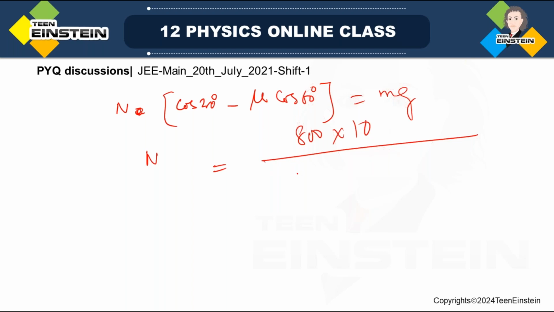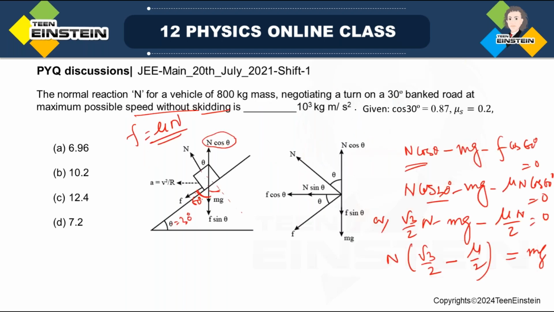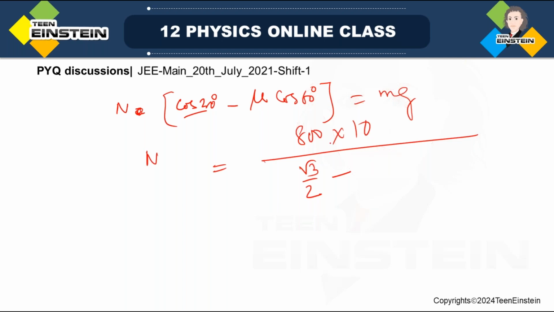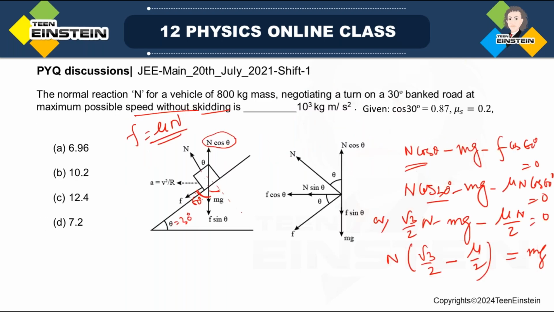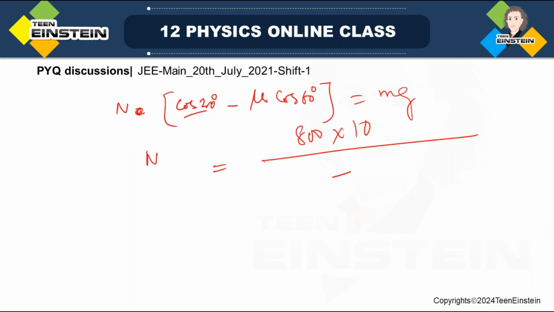Cos 30 is root 3 by 2, and mu n cos theta, mu has got a certain value, that is 0.2, and cos 30 degree also is given some value, that is 0.87, and mu s is equal to 0.2.